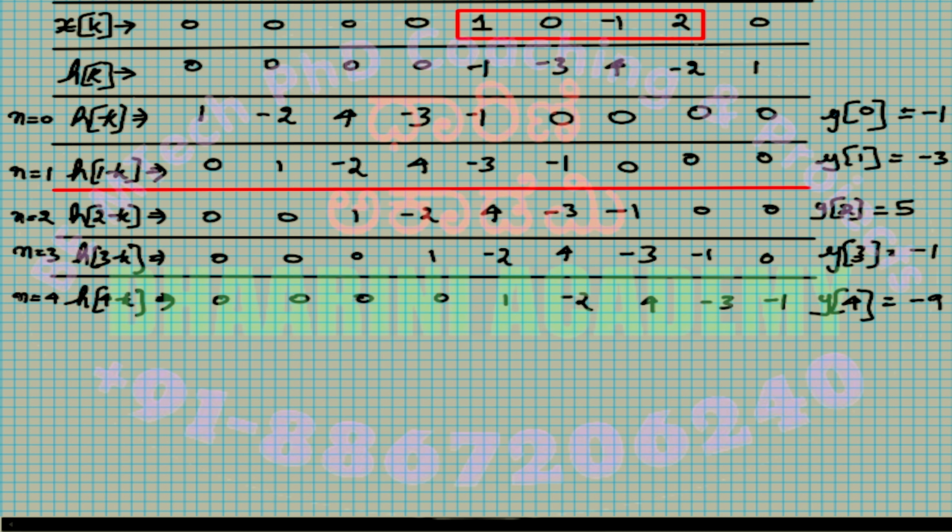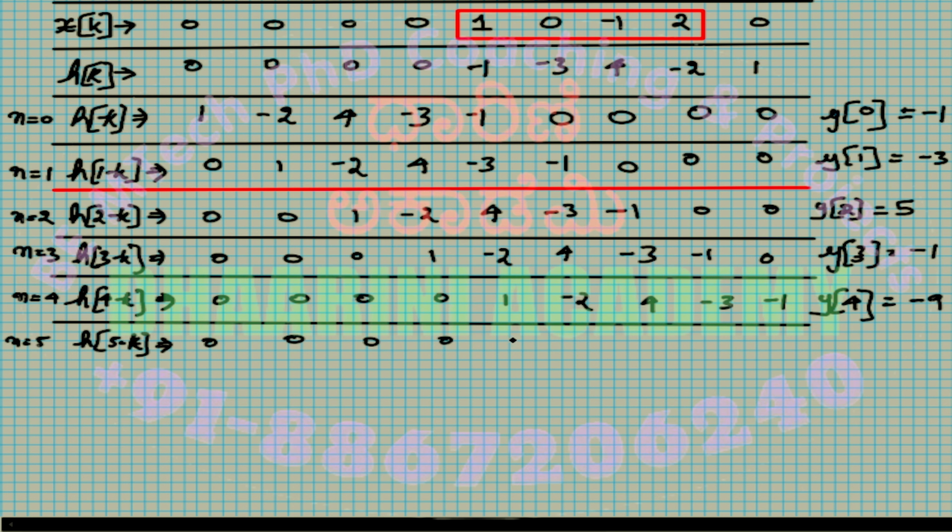Then let's move further. So next I have to make n equal to 5. So h of 5 minus k is the name of the row, right? Keep shifting. So 0, 0, 0, 0, 0.